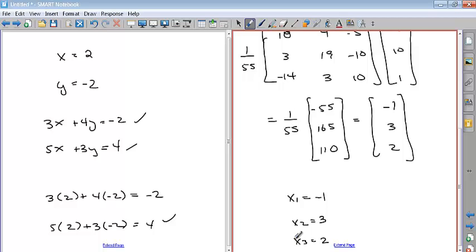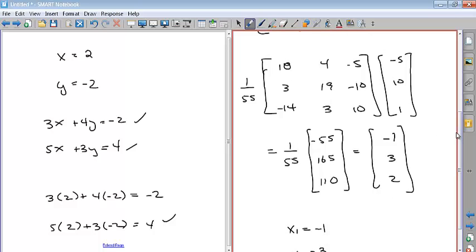And we can actually do that on our calculator. We've already got the A matrix. So we go to edit. We're going to do B matrix is going to be a 3 by 1. And the B matrix was up here, these coefficients, which were negative 5, 10, 1. And we quit.